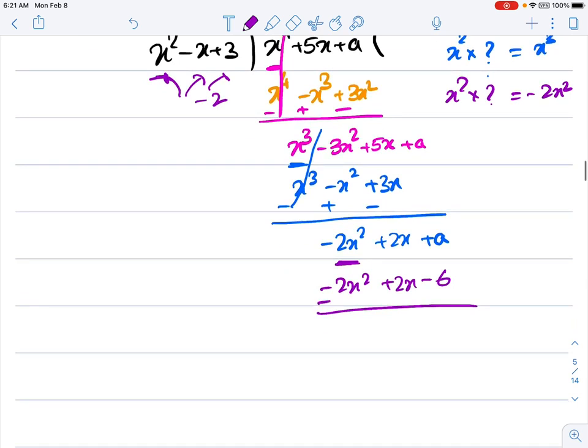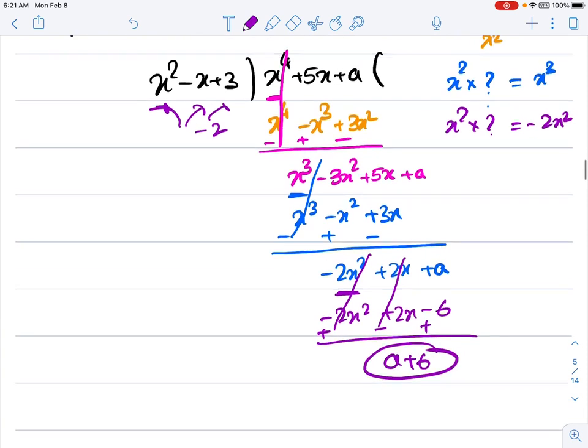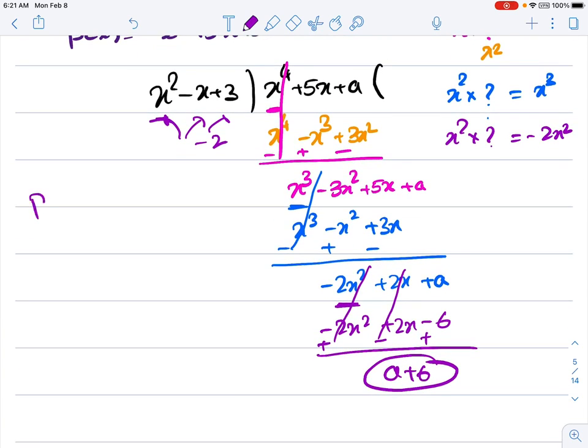So change the symbols, plus, minus, plus, so they get cancelled, leaving a plus 6. So this is my remainder. Because it is a factor, the remainder, the final thing, should be 0. The remainder is a plus 6, so it should be equal to 0. So a is equal to negative 6. That is the value for a.